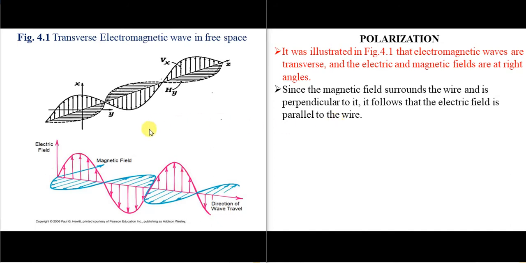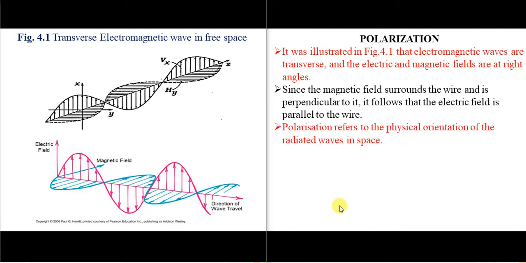Since the magnetic field surrounds the wire and is perpendicular to it, it follows that the electric field is parallel to the wire. Therefore, the electric field is parallel to the wire.